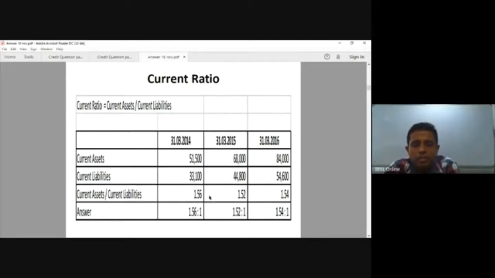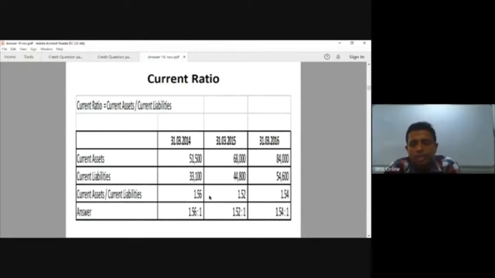Now, the ratio is almost 1.5 for every year. Normally, our understanding is that for one current liability, you should have at least two current assets. But here, they have maintained a 1.5 position. Right.